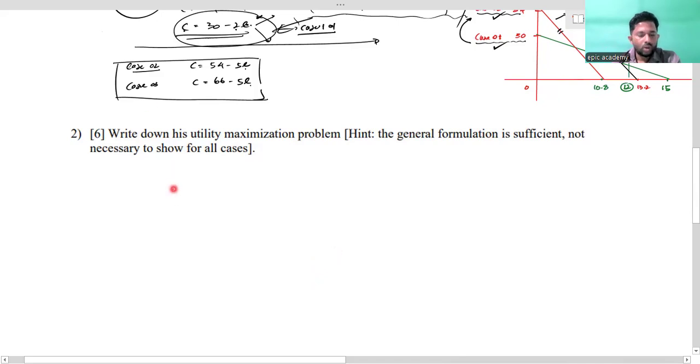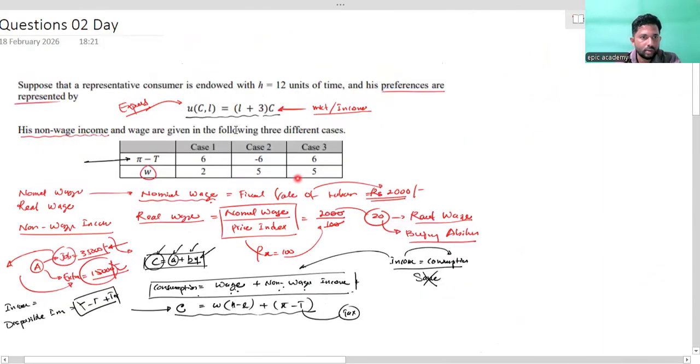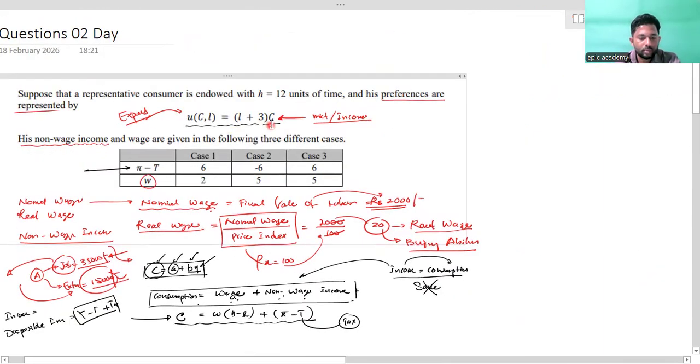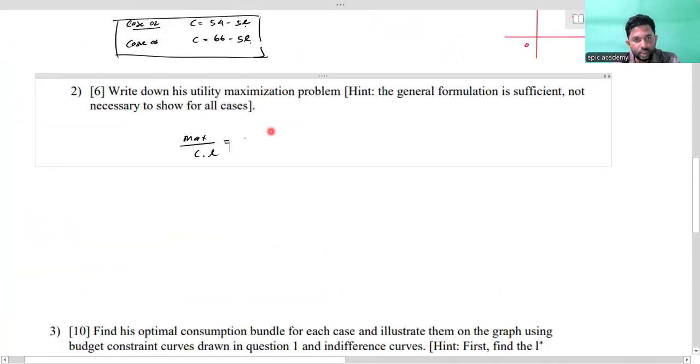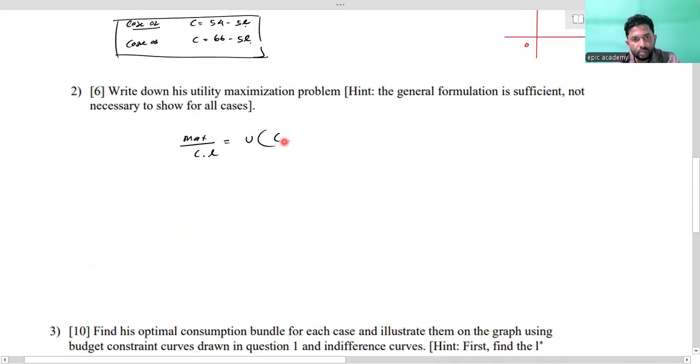So how can they maximize their utility by considering 2 types of consumption, which are consumption and leisure? Because we have already given that equation, the utility of consumption and L must be equal to L plus 3C.